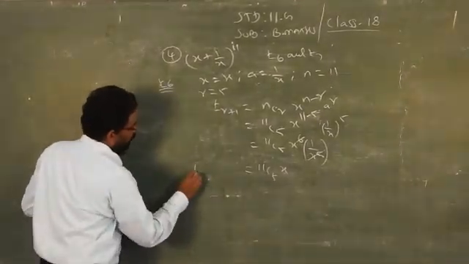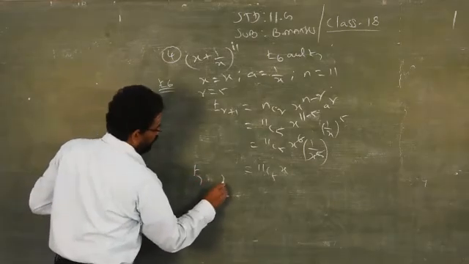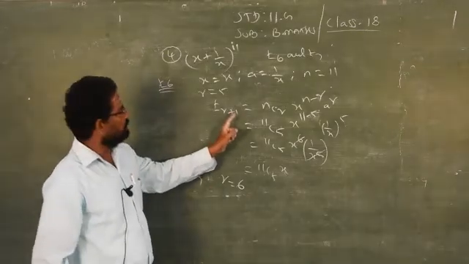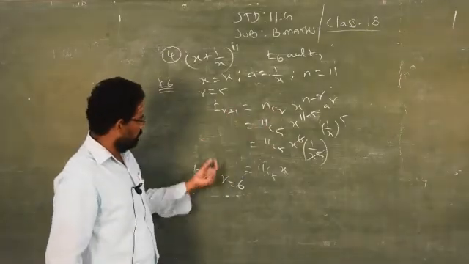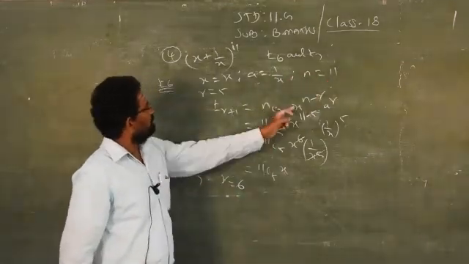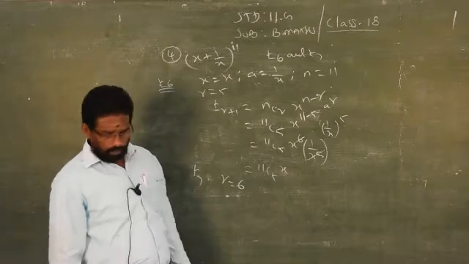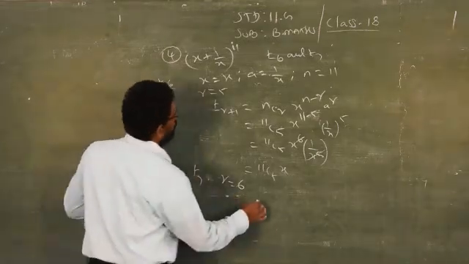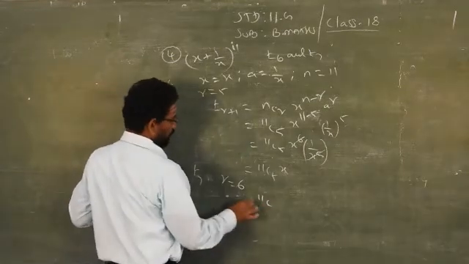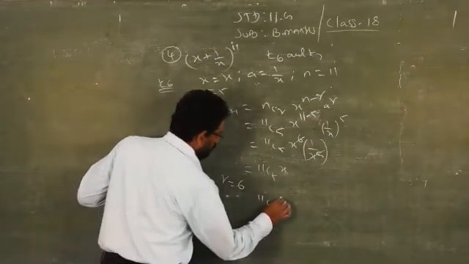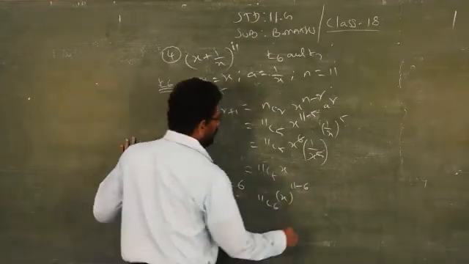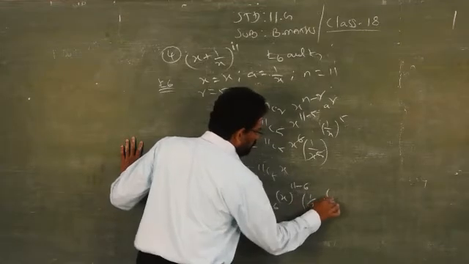Now you have to find T7, that is r should be replaced by 6. So, what is the formula? T(r+1), again same, you have to replace r by 6, n by 11, x by x, a by 1 by x. So, n is 11C6, x is x, 11 minus 6, what is your a? 1 by x power 6.